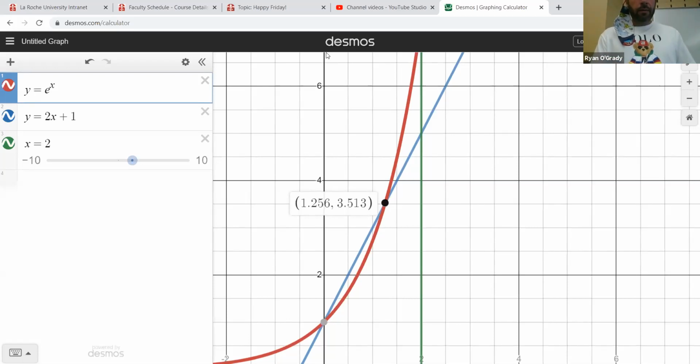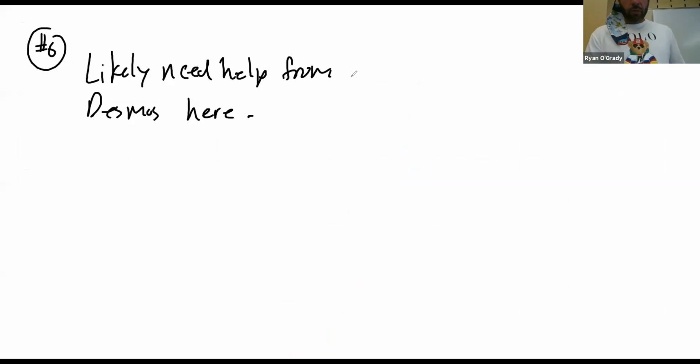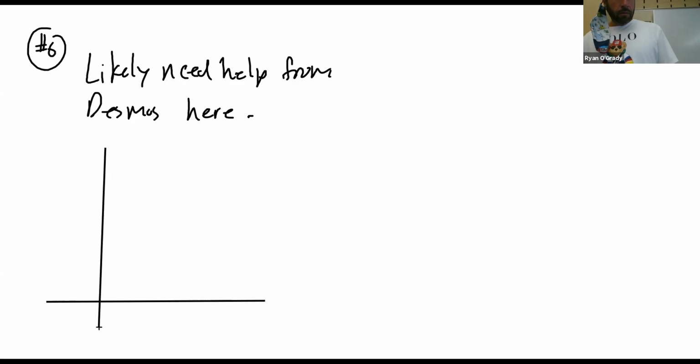So again, let's go back to the whiteboard. So note, let's sketch the region. Even though we got a little assistance from the internet, I'm going to put this line here. So the region that we have is that, and then we have this 2x plus 1.